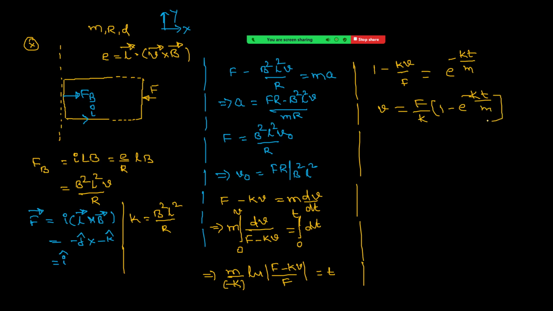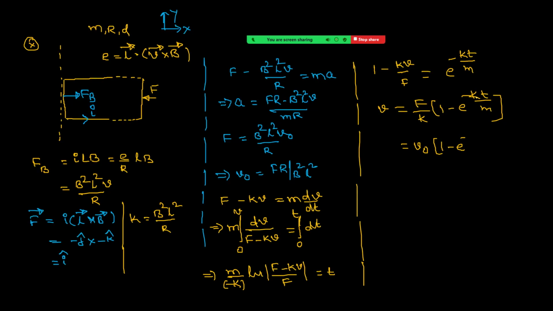And see what we have to prove. He is saying v naught. Check it once, what is v naught? F R by B square L square, right? What is k? B square L square by R. So F by k is nothing but v naught, times (1 minus e power minus F t by m v naught).